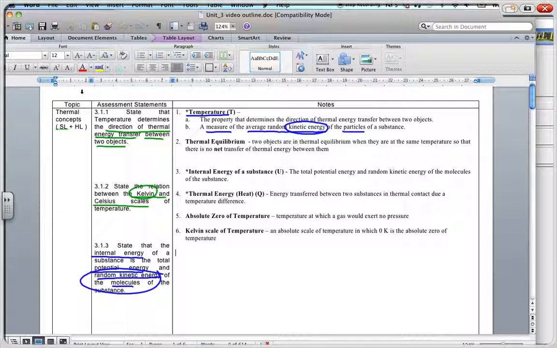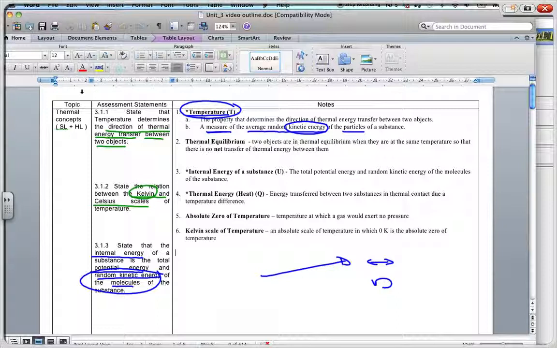The particle may be moving from one place to the other. It might vibrate to and fro, or it might be turning, spinning around. These are all forms of motion. They would all contribute to the kinetic energy, and therefore make something feel hotter or colder.